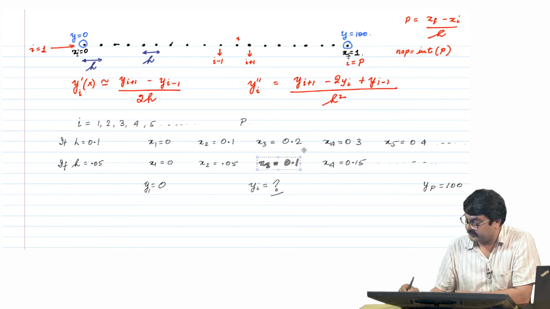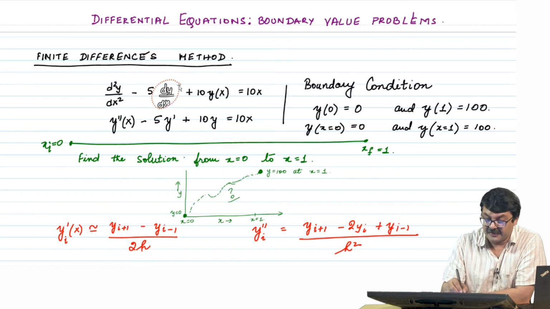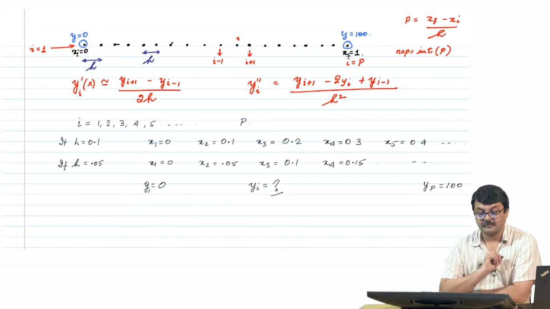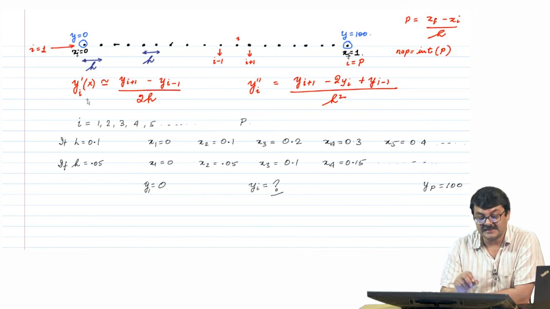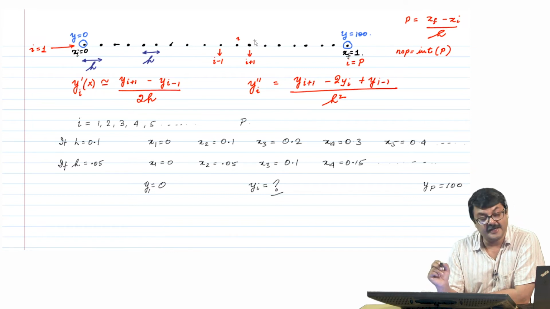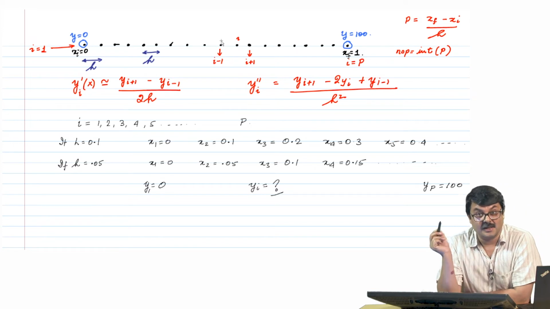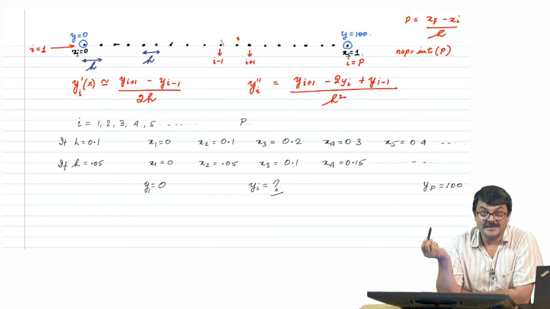Now, in the differential equation where you have a double derivative and a single derivative, you can write down y dash, the single derivative, using y at i plus 1, if i is any particular point. So, if this is, suppose, i here, then what is the value of y at i plus 1? What is the value of y at i minus 1? And of course, you do not know that, that is what you are after, you have to find out.